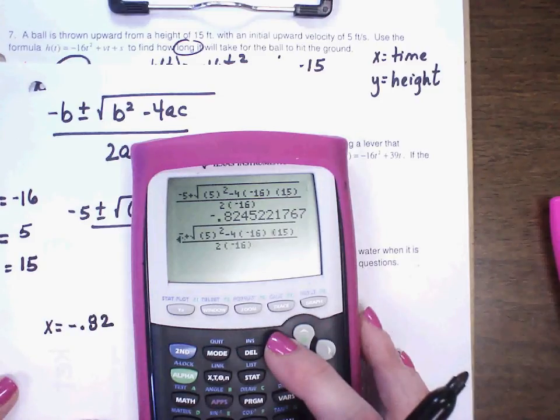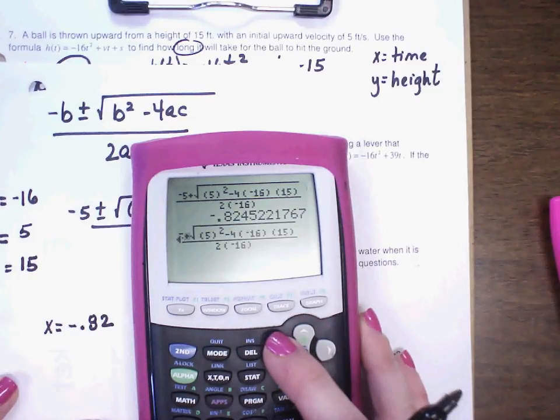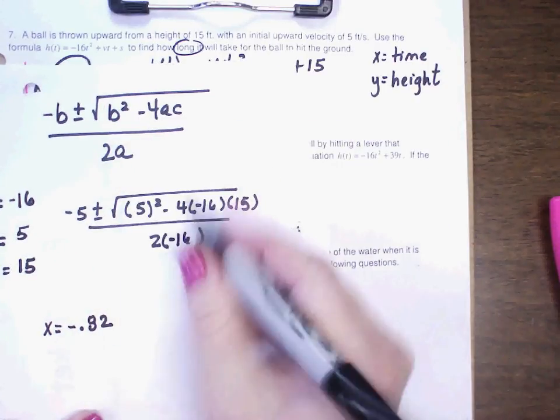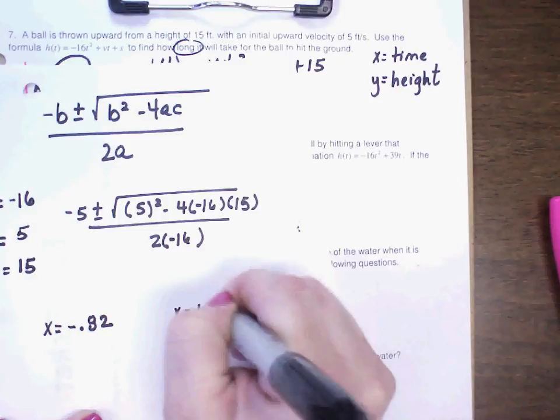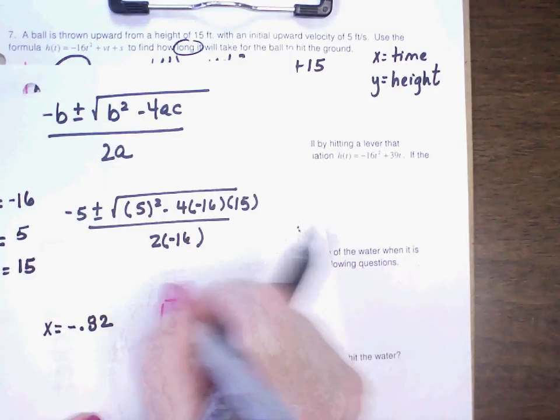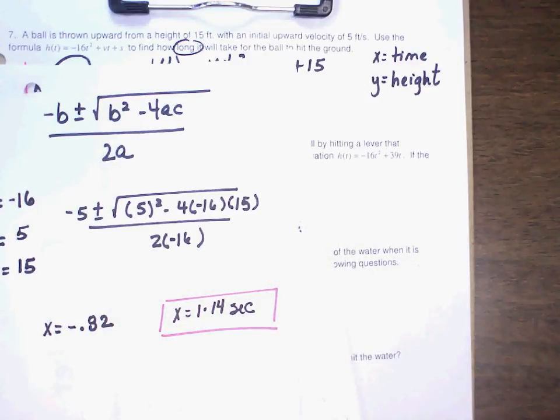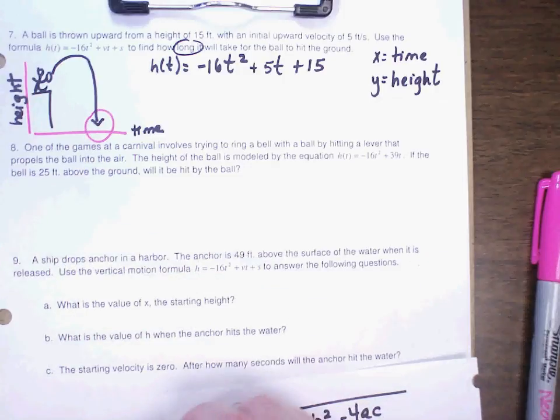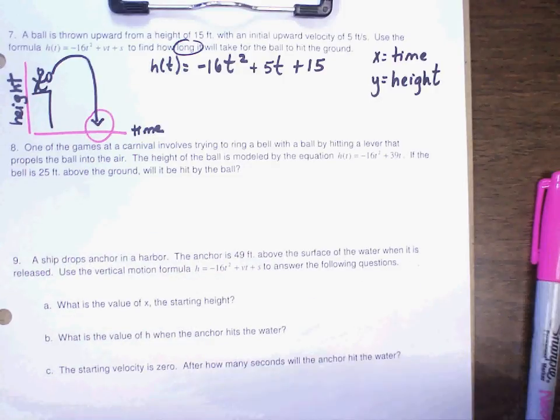All right, so let me go ahead and change that plus to a minus. And didn't we say that it was going to be between 1 and 2? There you go. So you can get a verification from the table. All right? So don't panic when you see your decimal. Just go to the table. So it would be 1.14 seconds. All righty. All right, that was number 7. Let's go to number 8.